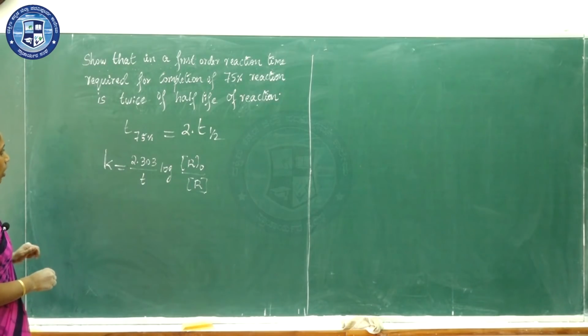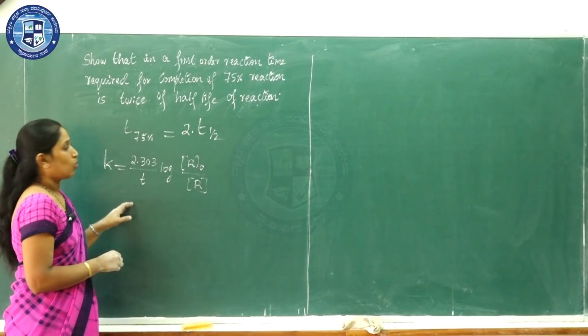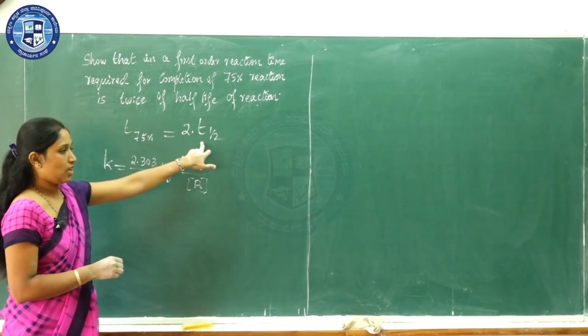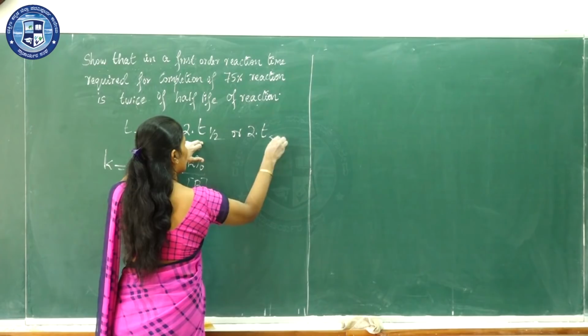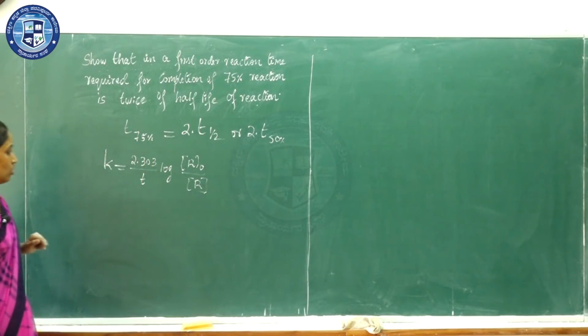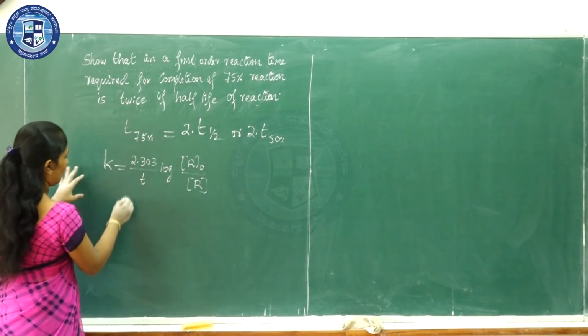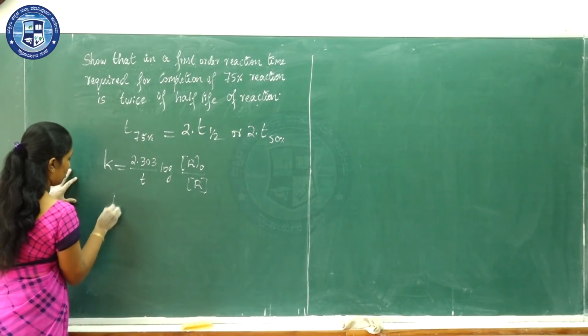Now we will write separately what is T 75 and what is T half. T half is also nothing but T 50%. I will take T to the other side.